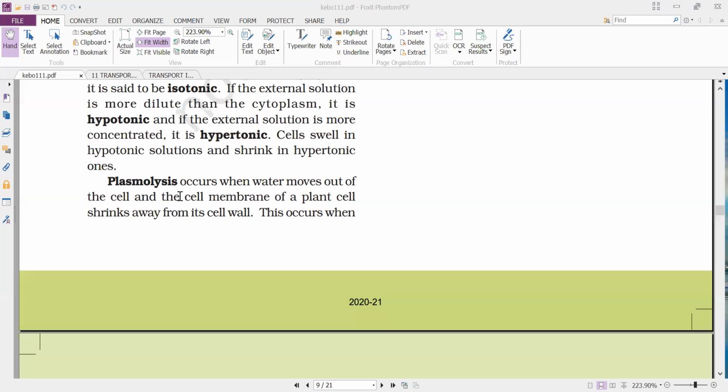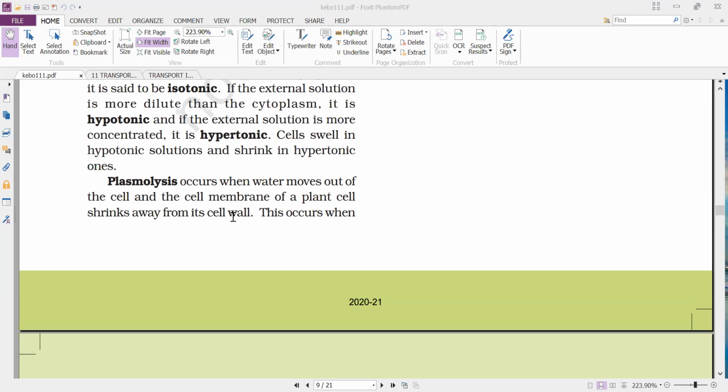That is what we can see here. Plasmolysis occurs when water moves out of the cell and the cell membrane of the plant cell shrinks away from its cell wall. That means initially the plasma membrane is very tightly pressed towards the cell wall, but once it is losing water from the cytoplasm, gradually the osmotic pressure will decrease.